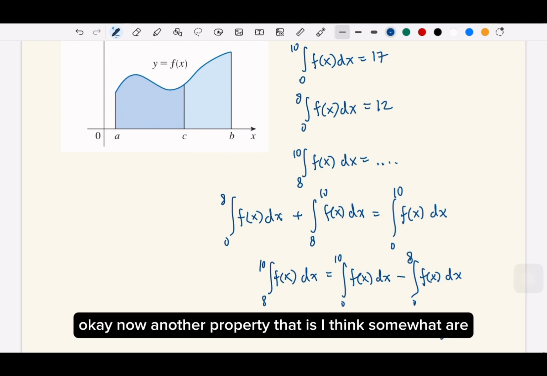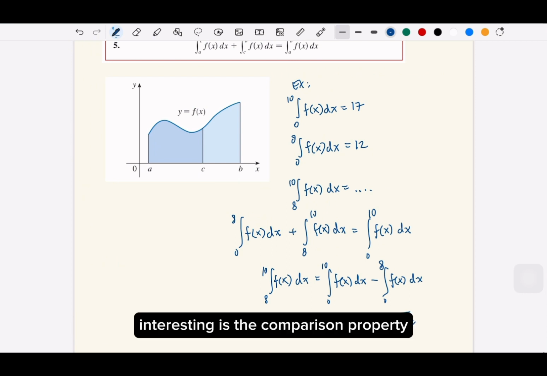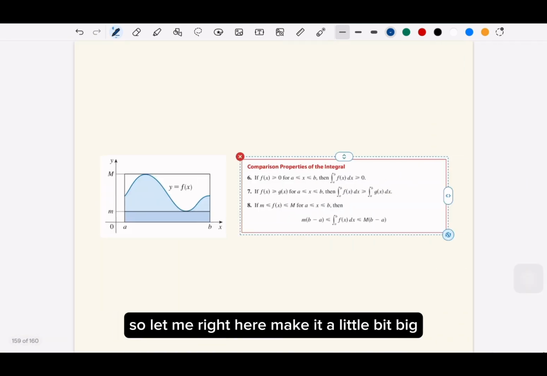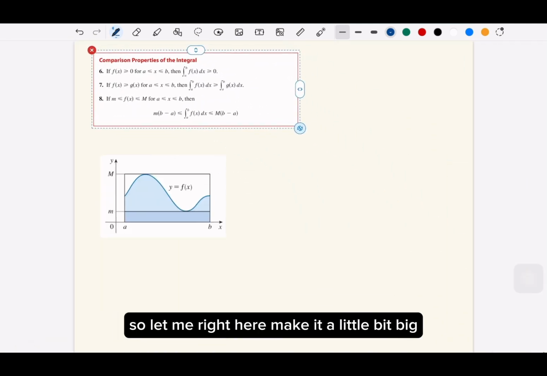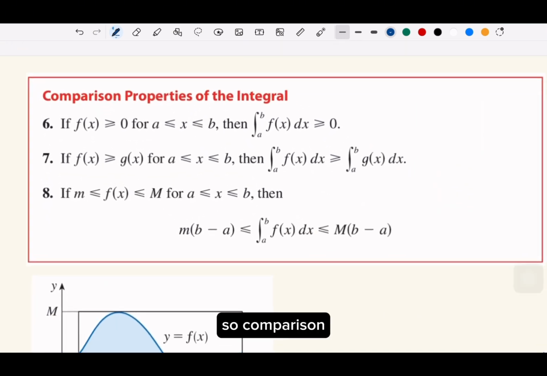Okay, now another property that is somewhat interesting is the comparison property. So let me write here, make it a little bit big. So comparison.